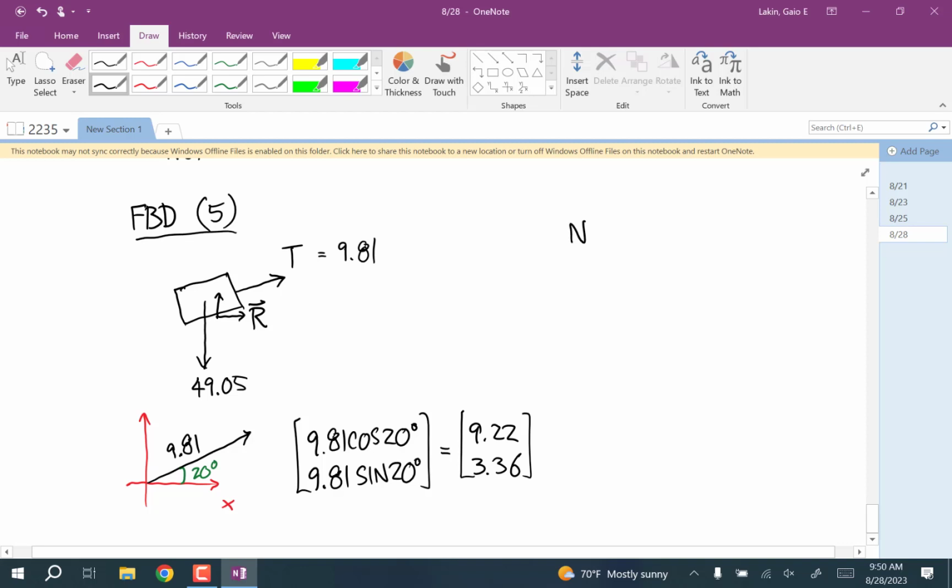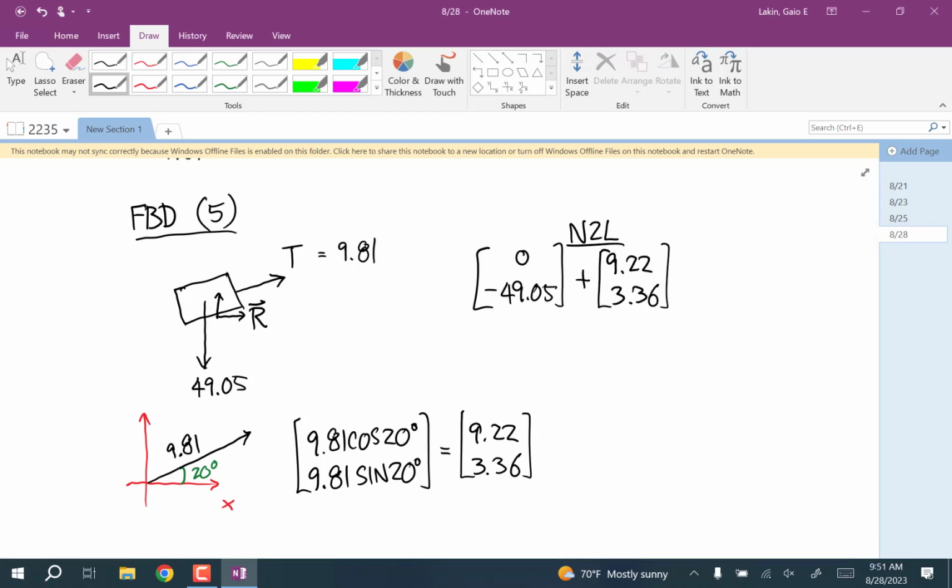So now if you put this together into Newton's second law, I'm almost done. You have the weight force, 0, negative 49.05. You have the cable force that we just calculated, 9.22, 3.36. Sorry, I first called that the reaction force, but that's the cable force. You have the reaction force, and I'm just going to break that up into components, Rx, Ry. Now you've put in all of the three forces in the free body diagram, so you know that's it.